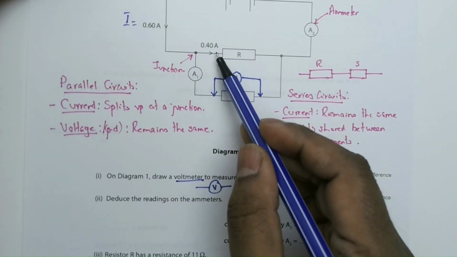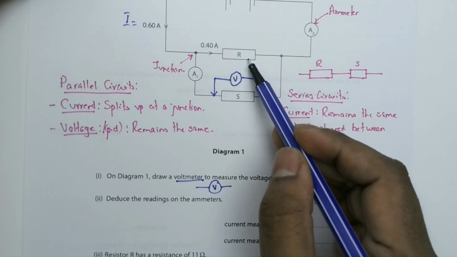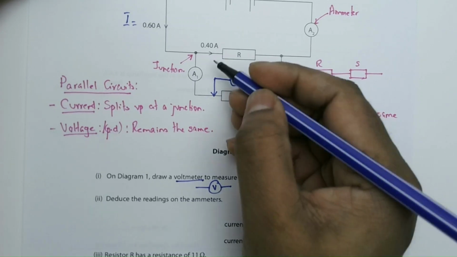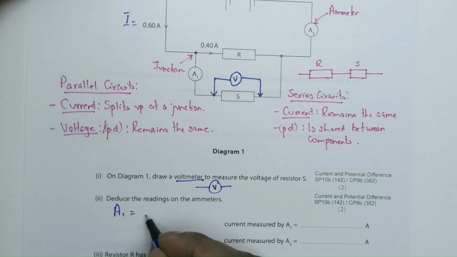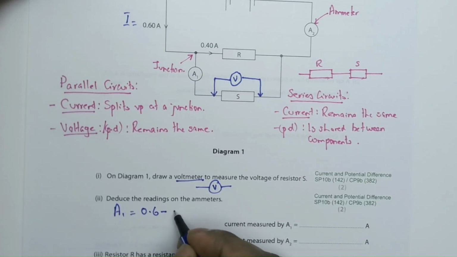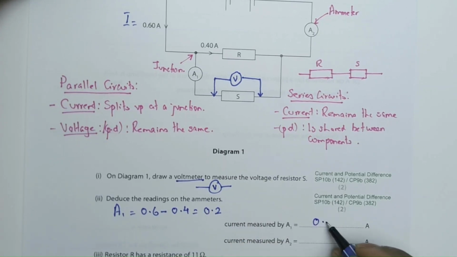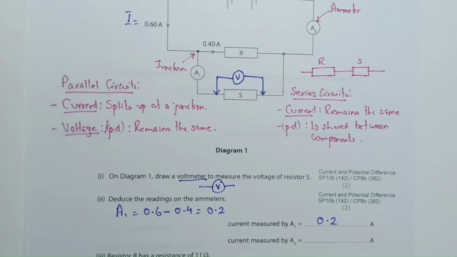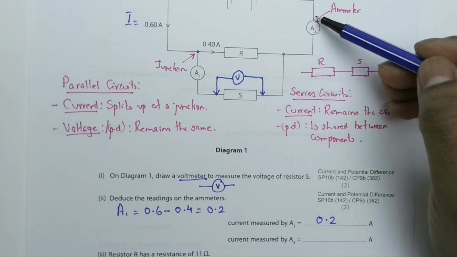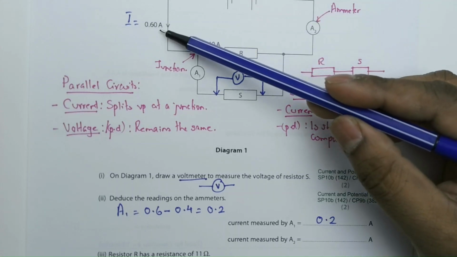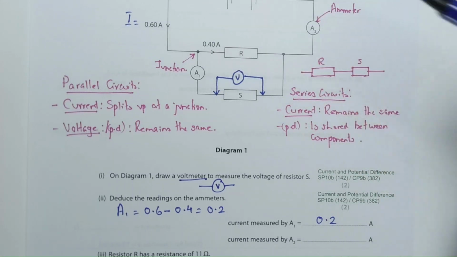When it goes into the junction, 0.4 amps goes into resistor R. So the rest of the current goes through resistor S. So A1 is 0.6 minus 0.4, which gives you 0.2 amps. And what would be the current in A2? Because the ammeter is connected past the junction, the current would have joined back together, so it would be exactly the same as the current going in, so that would be 0.6.